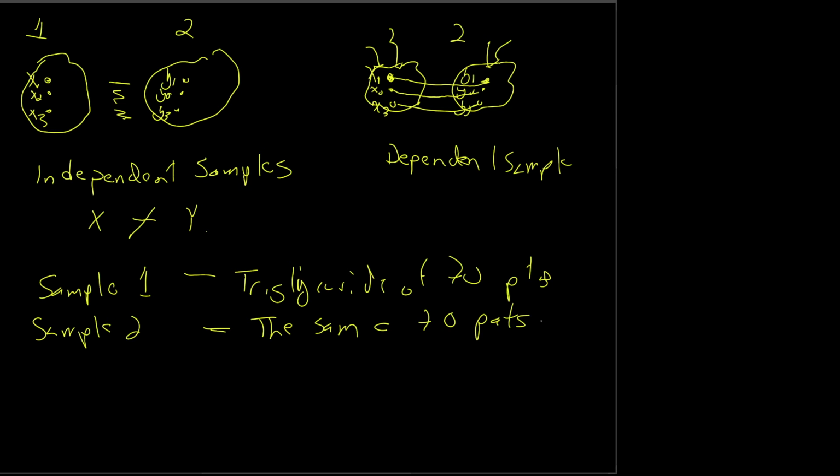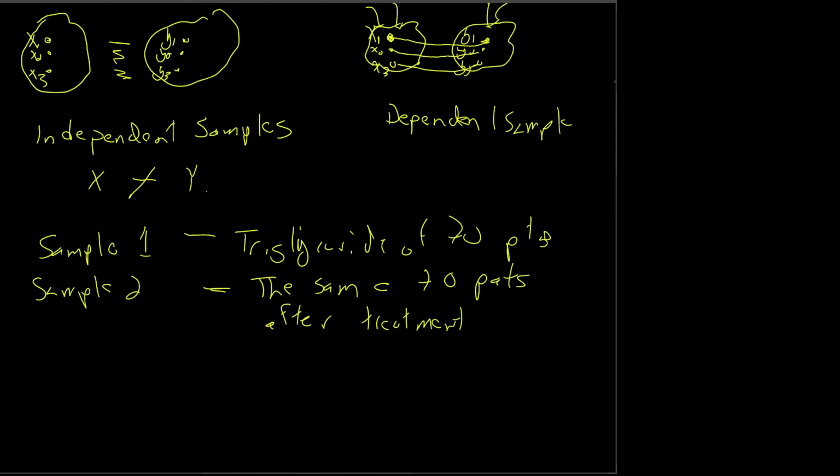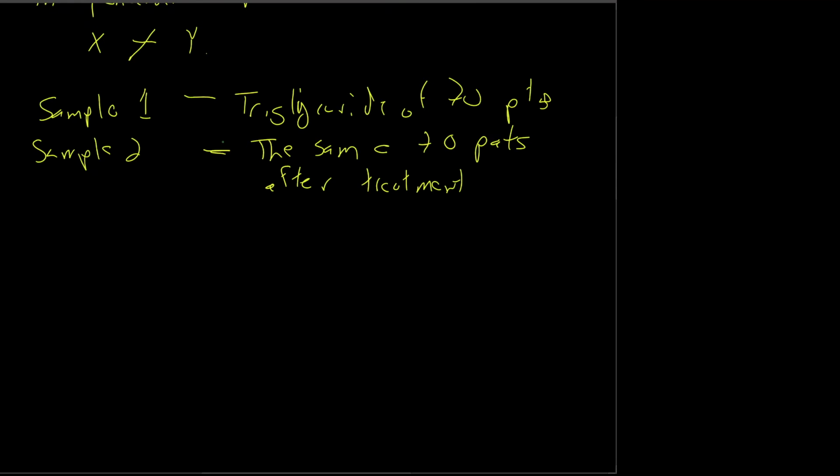So we have the triglyceride levels and we apply some treatment to them. We're going to say this is dependent, because in sample 1 the first patient has a measurement, and in sample 2 there is the first patient as well. So we could say sample 1 are my x's and sample 2 are my y's, and the first patient corresponds to the first patient after treatment.